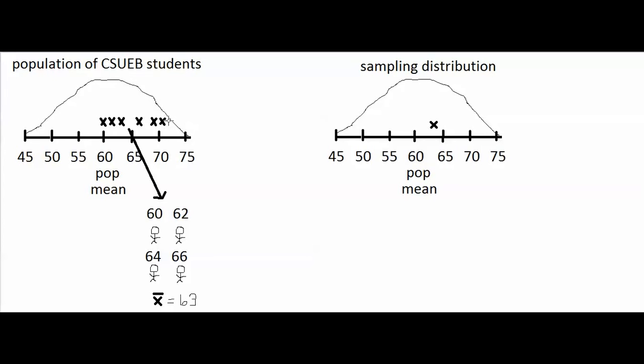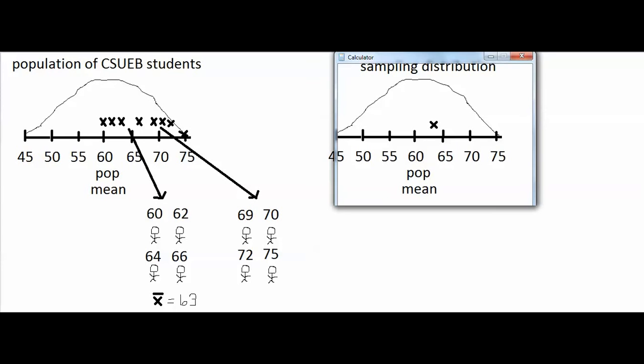I get one student who's 72 inches tall. And one student who's 75 inches tall, way out here. So this is my second sample of 4 people that I've selected from the population. I've now selected these 4 people and I've recorded their heights.